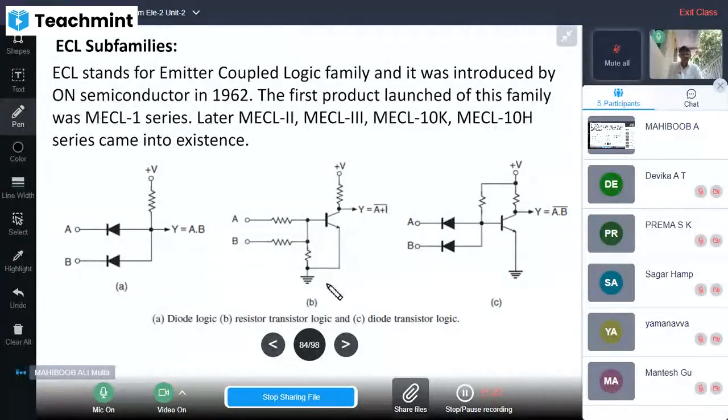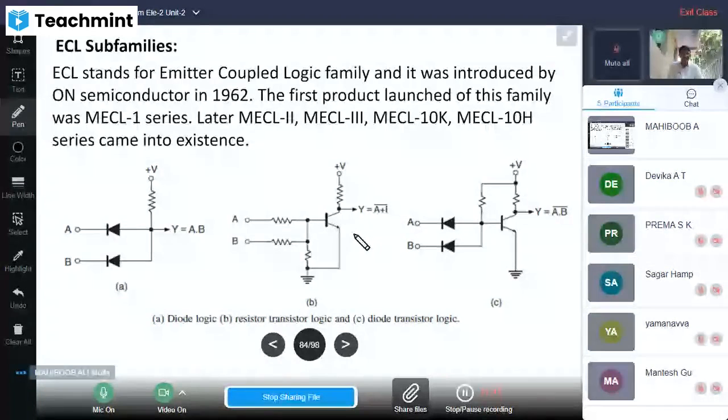Whereas the second one is resistor transistor logic, RTL it is called. Here resistors and transistors are used.